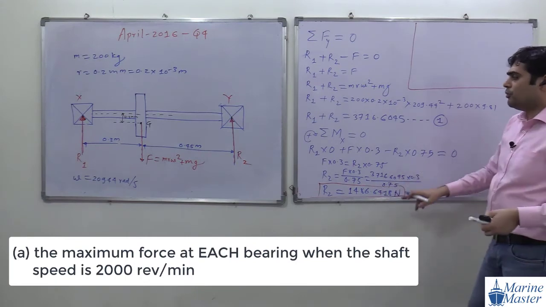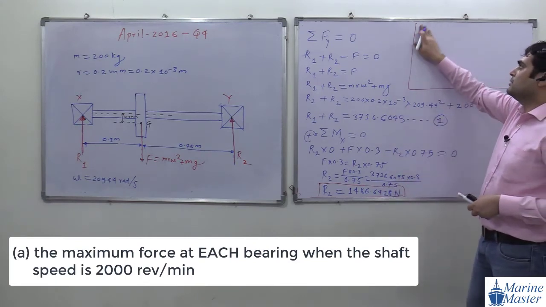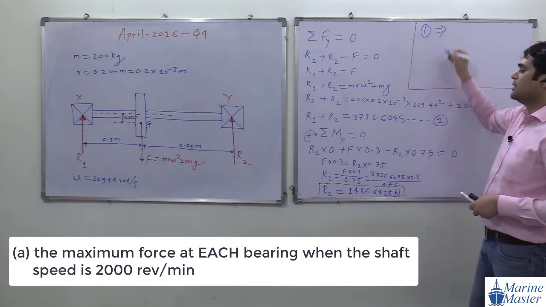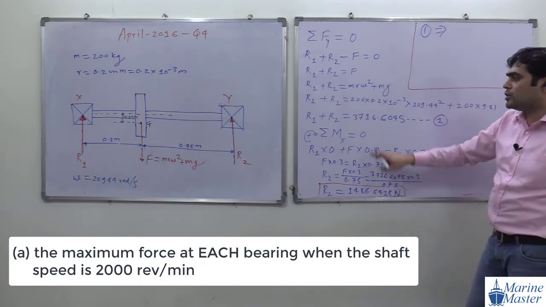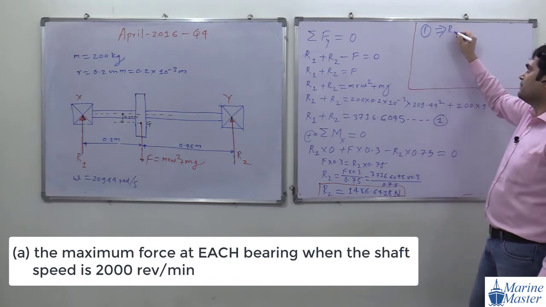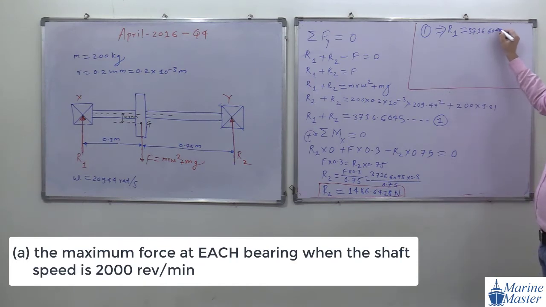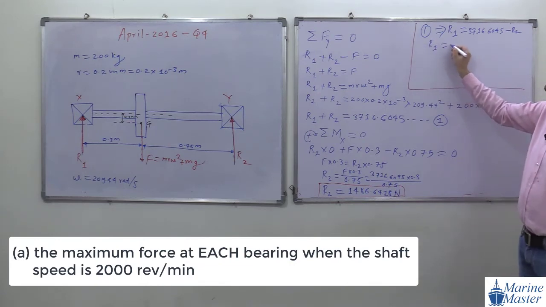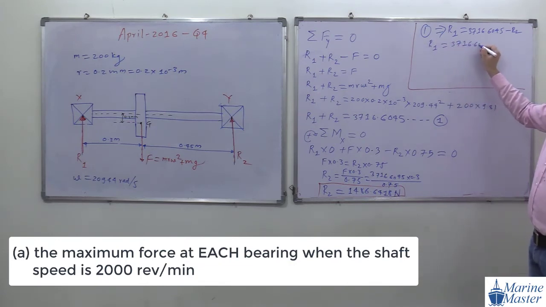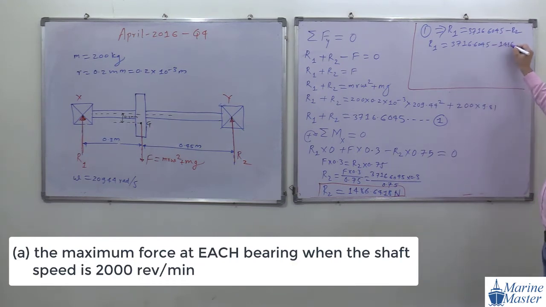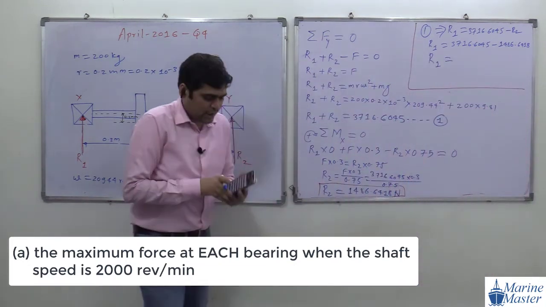So R1 will become 3716.6045 minus R2, and R2 is 1486.6418. Check it once again, guys. Is there any mistake? In this way we will get R1. Please everyone do the calculation.